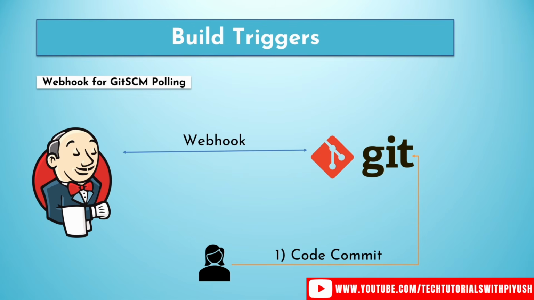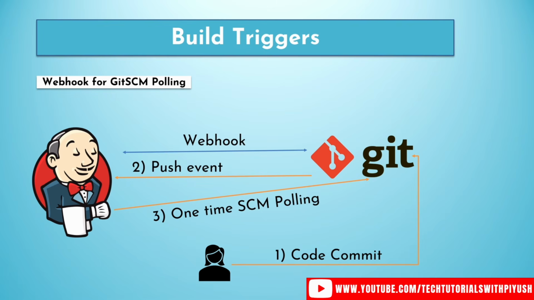Once the user performs that commit, Jenkins will receive a push event from GitHub that something has been done, and Jenkins performs a one-time SCM polling. That means, I've got the event, now I'm going to check out the repository because there has been a change in the repository. This is how Git SCM polling is done.